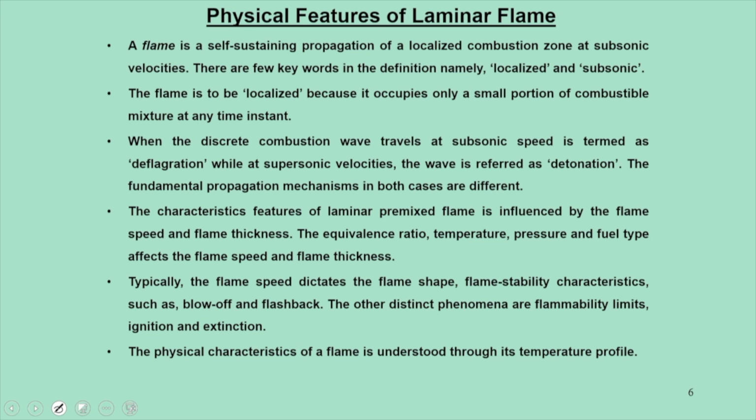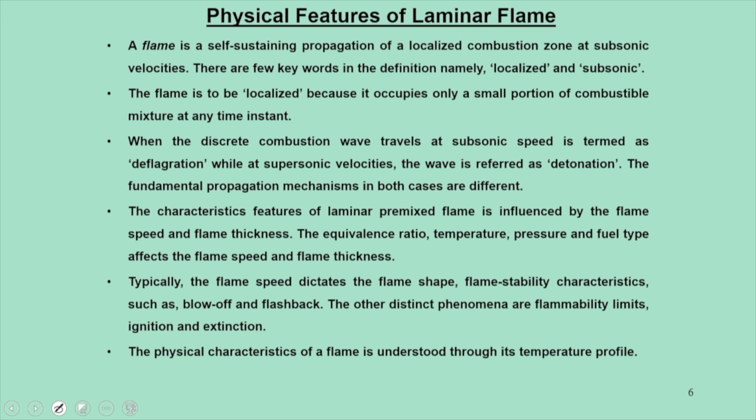The flame speed and your charge speed may or may not be different. So at least the minimum condition is that the flame velocity should be the same as the charge moving behind it, or unburned gases.